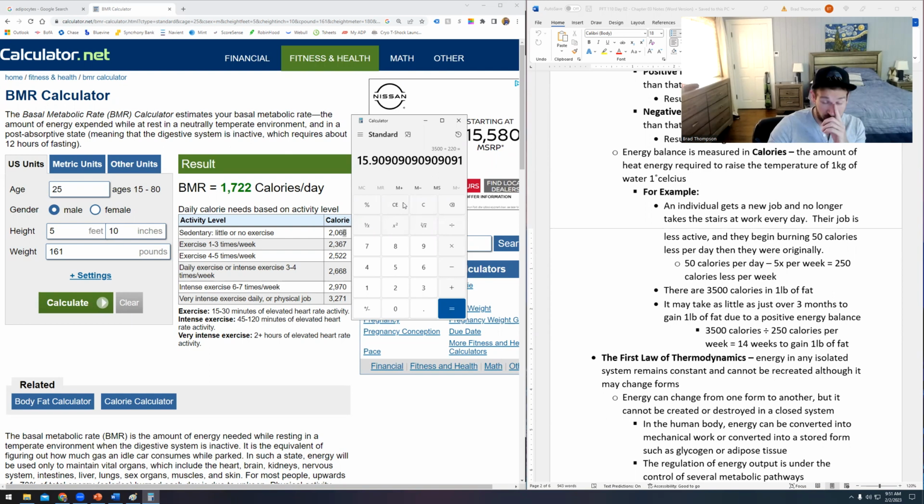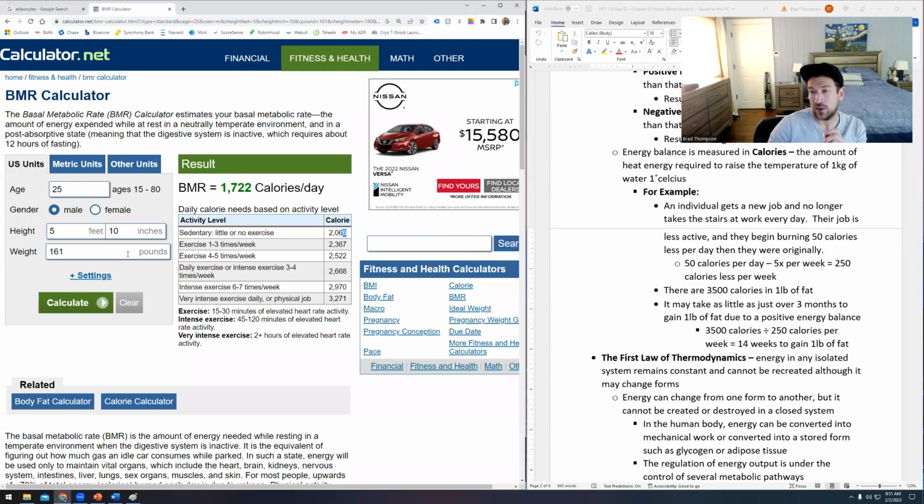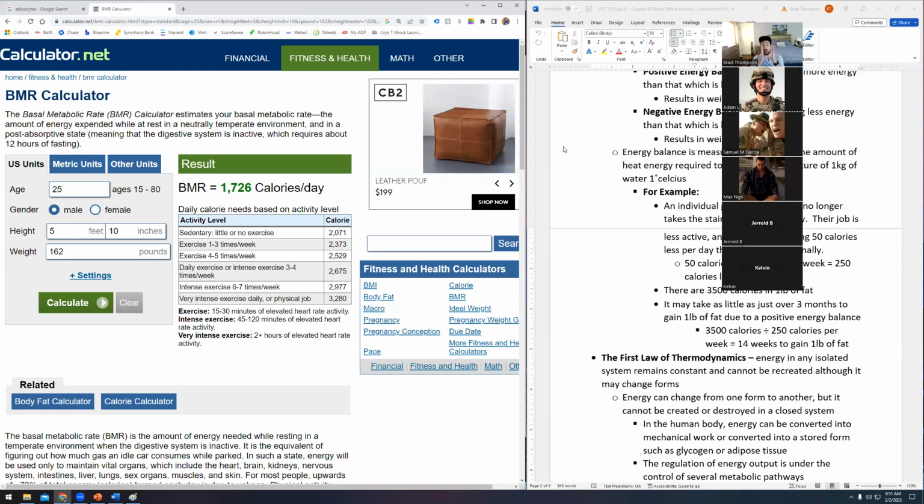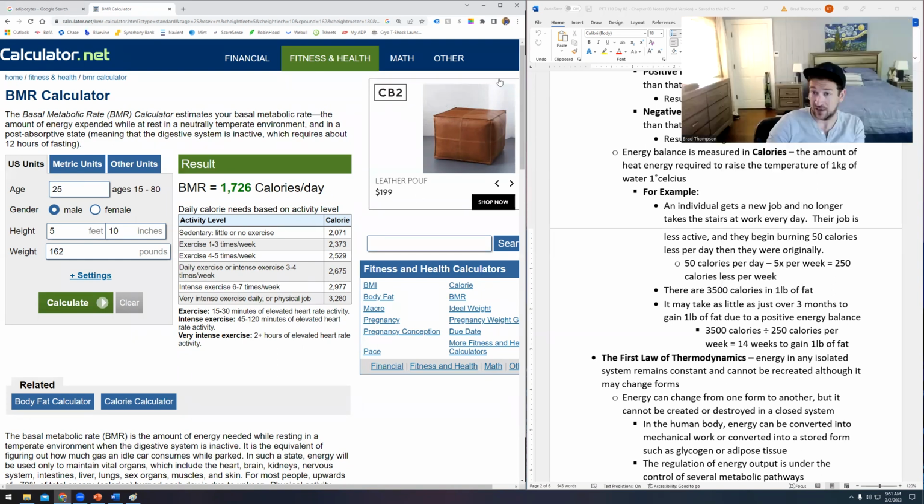So 16 weeks later, we'll say, they gain a 2nd pound. So now they're at 162. We hit calculate. Now they're at 2,071 calories. So that deficit's even smaller. So you can actually see the weight gain went from 1 pound in 14 weeks to 1 pound in 16 weeks. This time it'll go a little bit even higher.